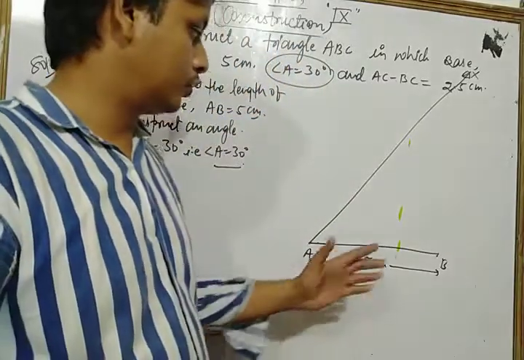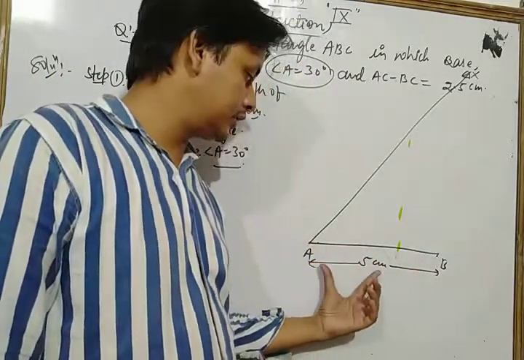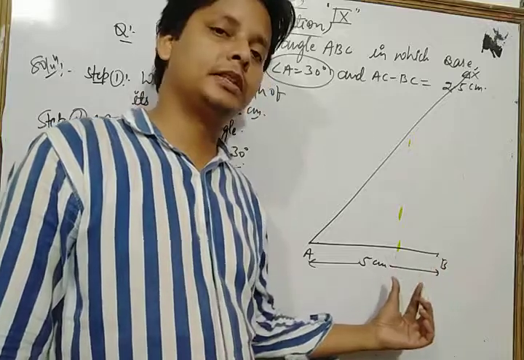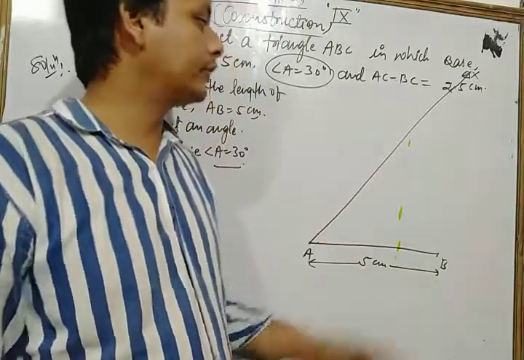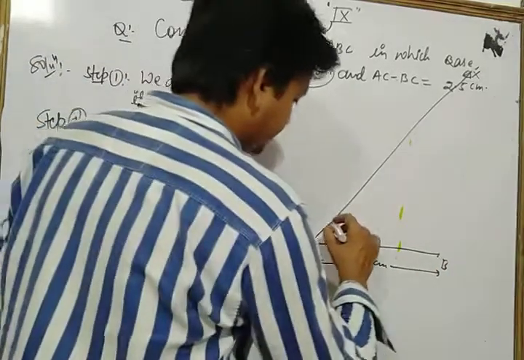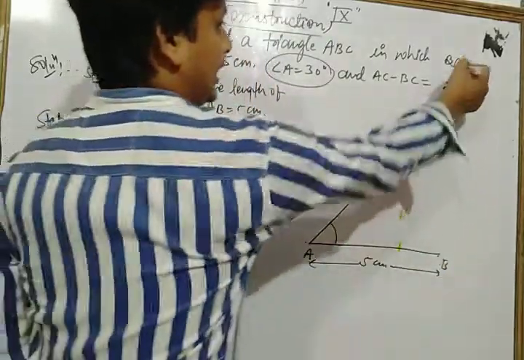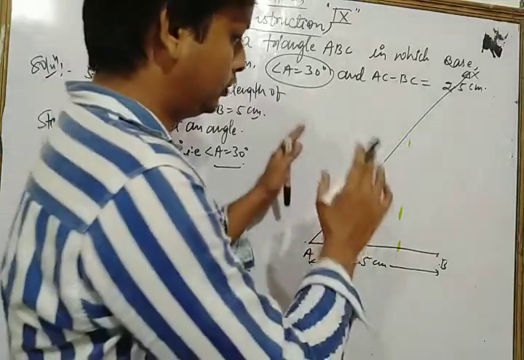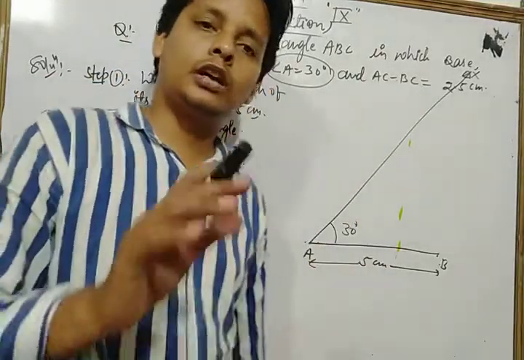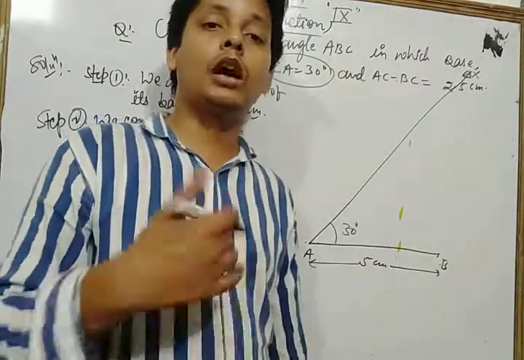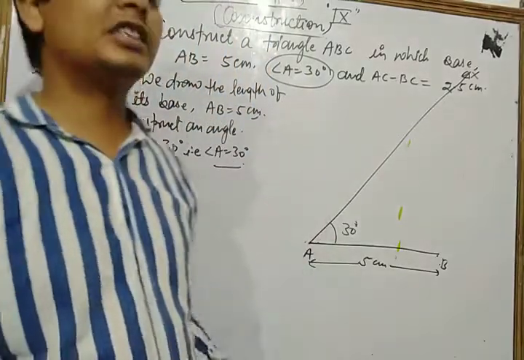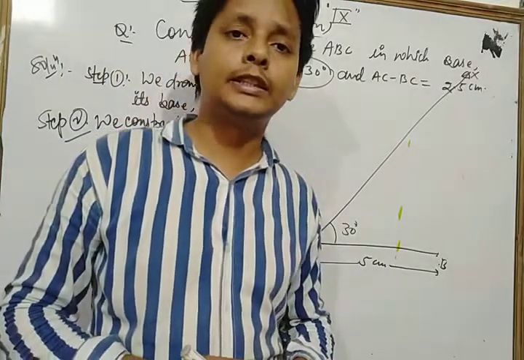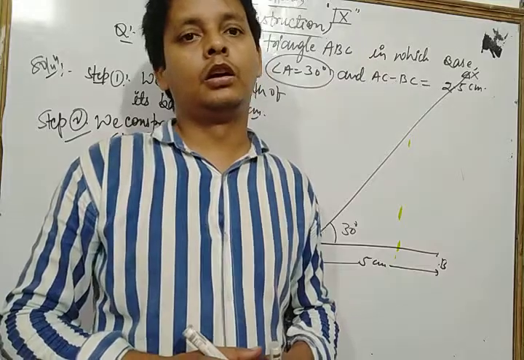So in the first step we draw the length of its base, 5 centimeter. After that we construct an angle BAX equal to 30 degree, and this process we also discussed in previous classes, how to construct an angle of 30 degree with the help of ruler and compasses.